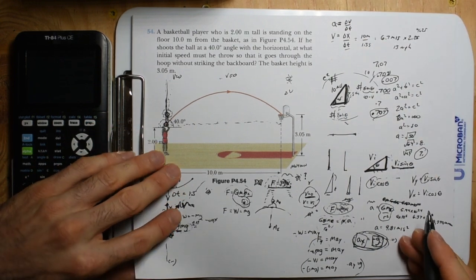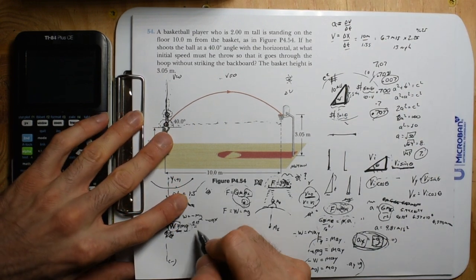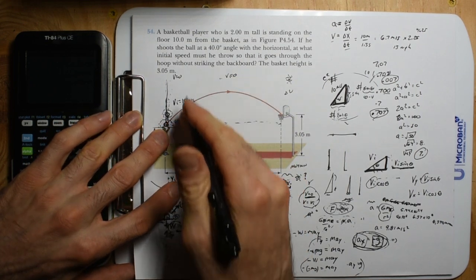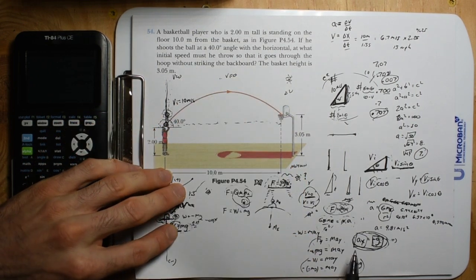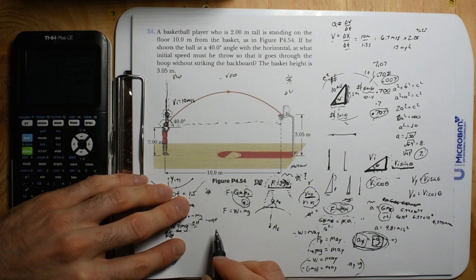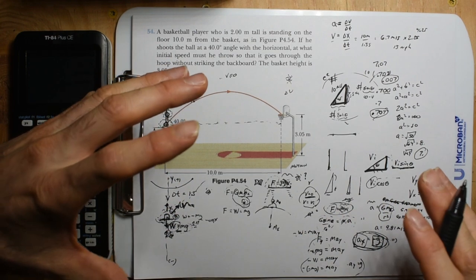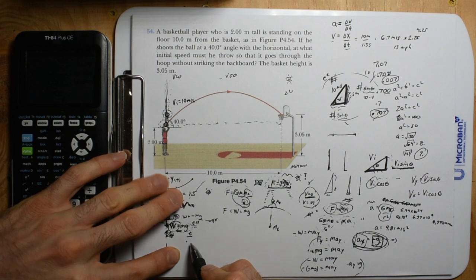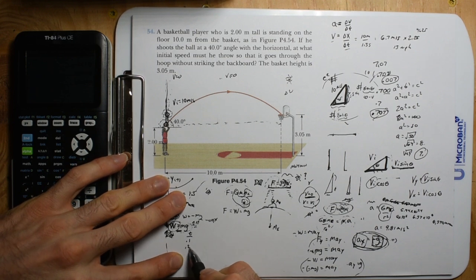So if we set this up in Excel, and we say our initial velocity is 10 meters per second straight up, the first thing to do in Excel is time. Let's go 0.1 seconds, 0.2.